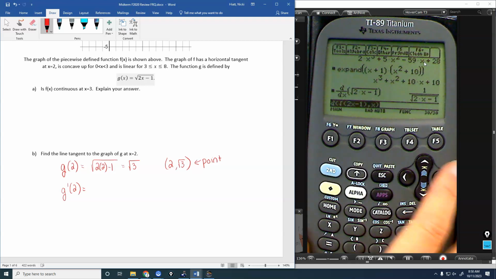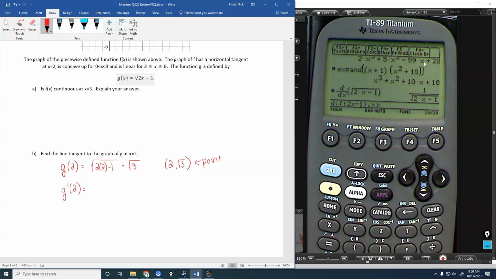But if it's calculator active, then you're allowed to take the derivative with the calculator. So you could also just go ahead and plug in 2. To do that, you use that line that I showed you guys the other day. It's right next to the 7, such that x equals 2, and it will give you the slope. So you could write down as little as square root of 3 over 3.